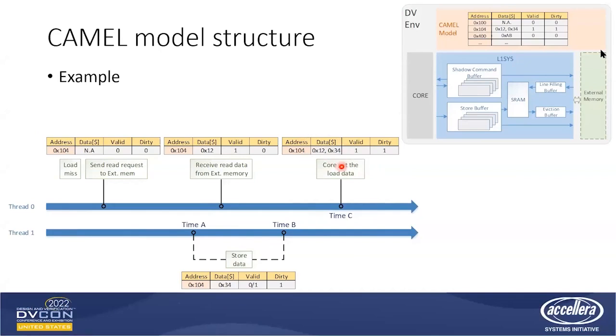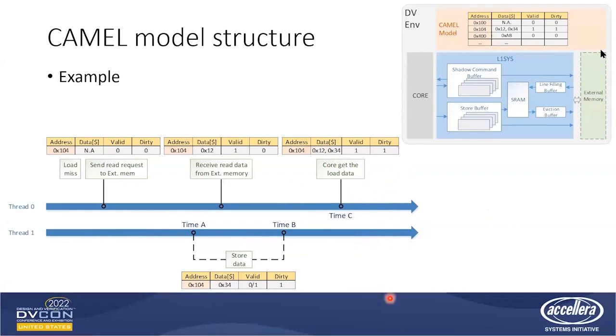Both of the data values are reasonable from the server view, since the L1 sys is not responsible for the data value when both threads are accessing the same address.